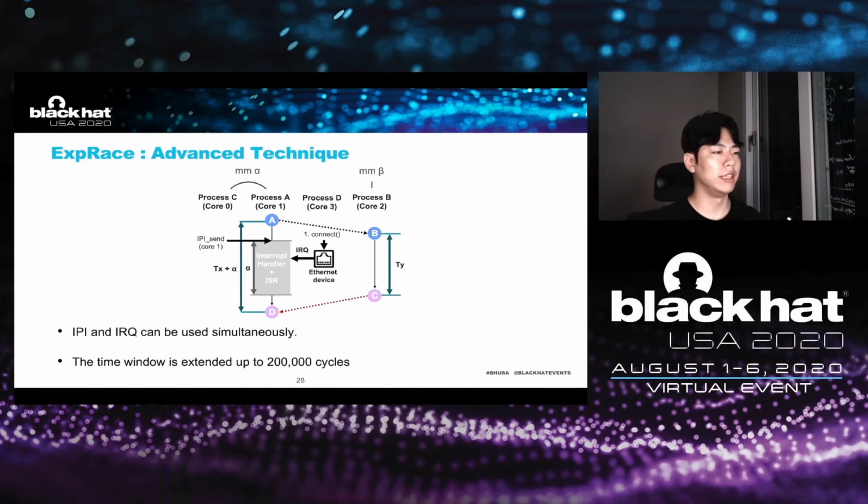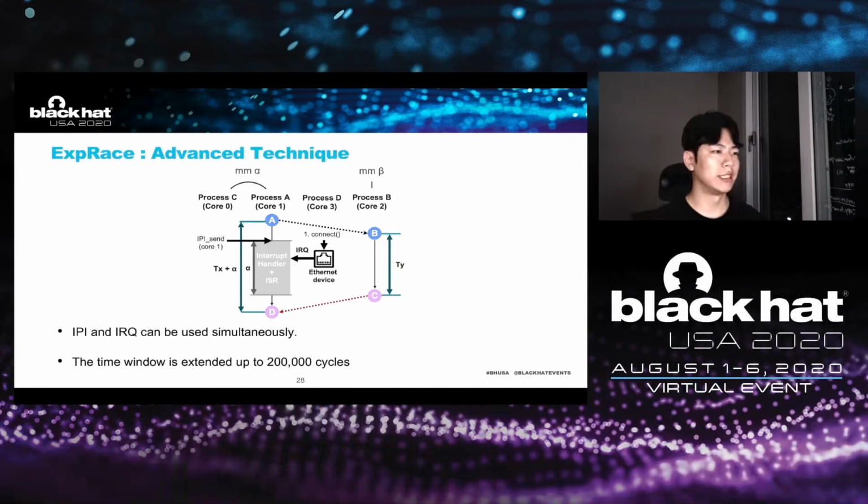The reason for introducing IPI and IRQ together is that two interrupts can be used at the same time. IPI sends an interrupt to the core where a process with the same memory map is running, and the IRQ is sent to a specific core, so the conditions do not overlap.